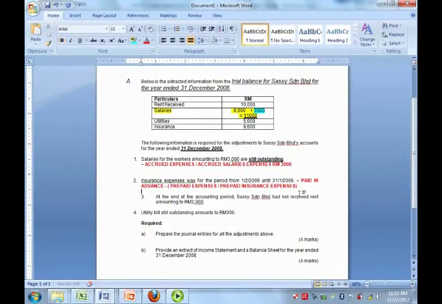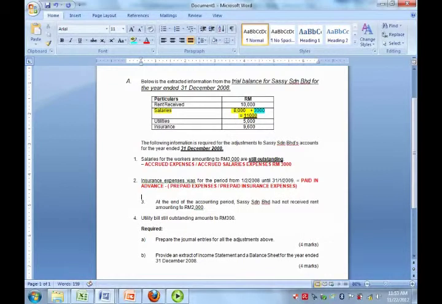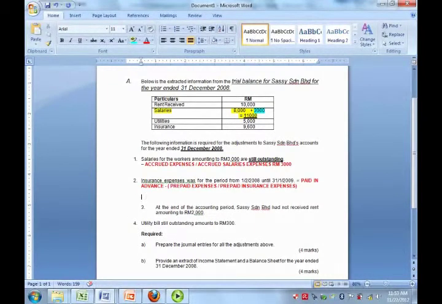Can I know the amount of the prepaid? Alright, how to calculate, class? What is the amount of the insurance when you see your previous trial balance? Yes, it is 9,600. That 9,600 is actually payment for 1 year. It is for 12 months. So first you need to calculate what, class?